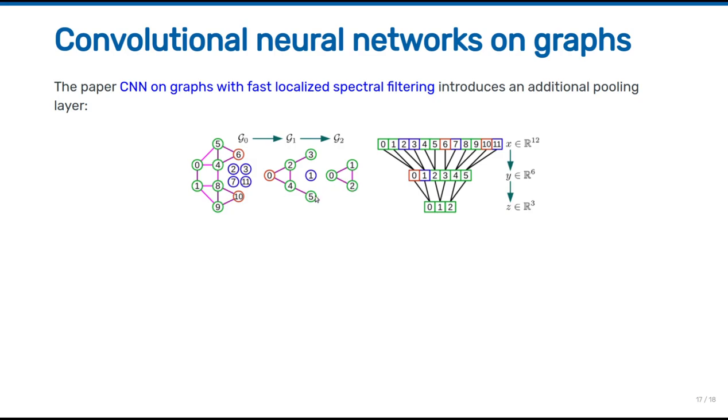So what the authors do is, from this clustering algorithm, they build this binary tree where you start here from the last graph with nodes 0, 1, 2. And then you know that node 1 has been obtained by merging nodes 2 and 3. Node 2 has been obtained by merging nodes 4 and 5.